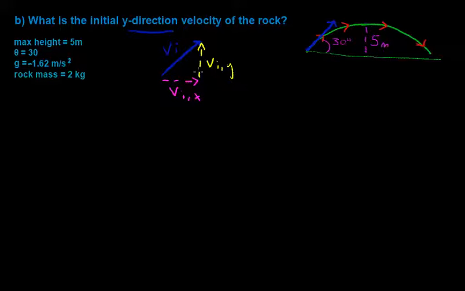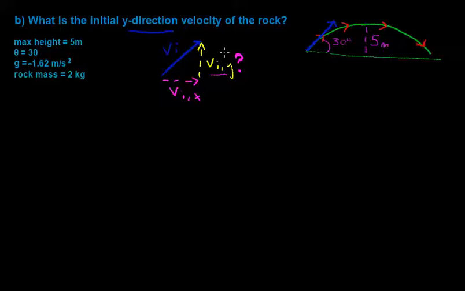So again, we've taken this initial velocity vector and broken it up into the y direction and x direction components of its magnitude. So how can we go about calculating this y component of the initial velocity?